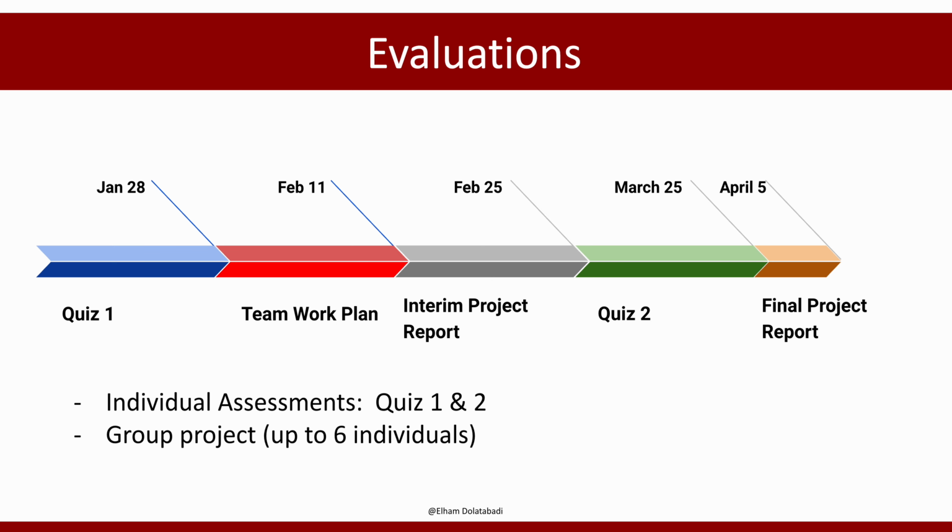And there are 3 deliverables for this project. There is a teamwork plan, which is mainly who the team members are and what is the problem that you want to solve. I want to make sure that we are on track and we hit the milestones on time. So it's more to make sure that you landed on a problem and you have formed the teams. Then there is an interim project report, which is mainly around data visualization.